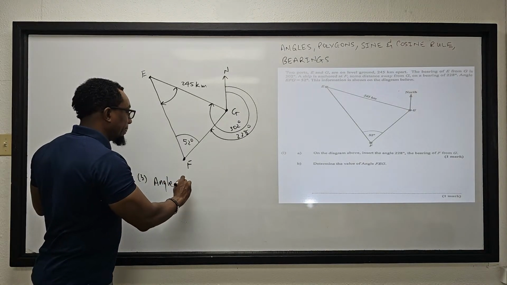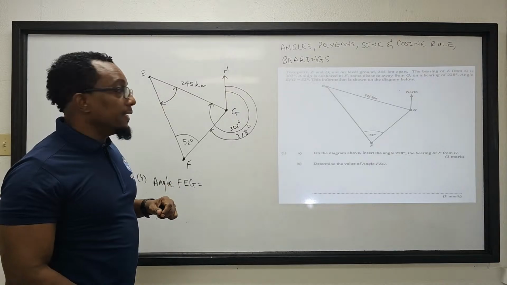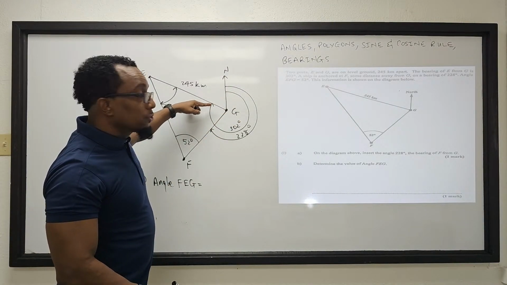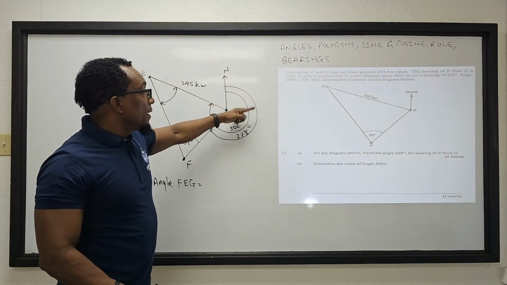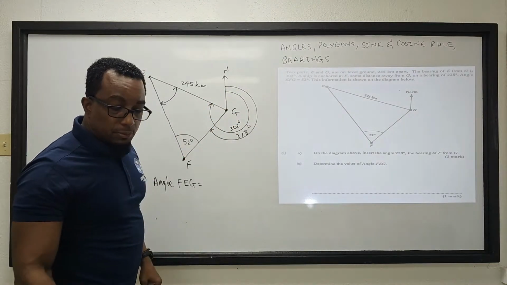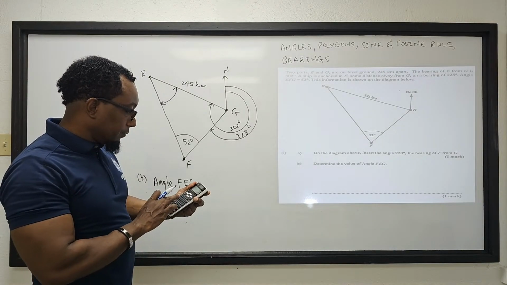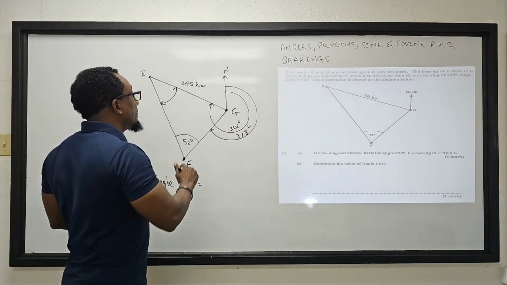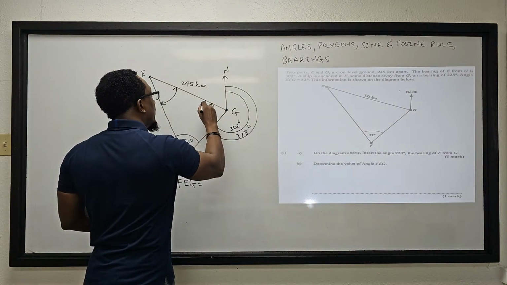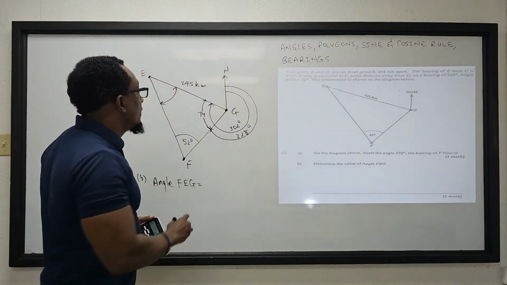This angle is easy to find, because if this entire bearing is 302 and this bearing here is 228, we need to find this remaining piece. All I have to do is subtract 228 from 302, which will give me 74 degrees. So this piece here, from here to here, is 74 degrees.